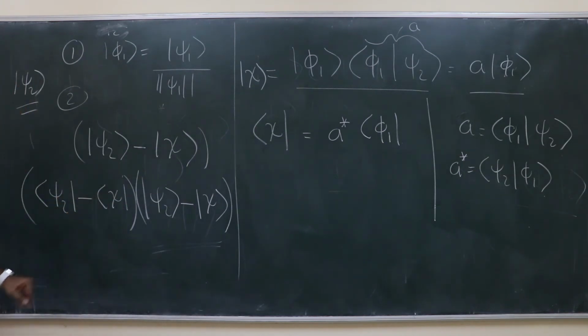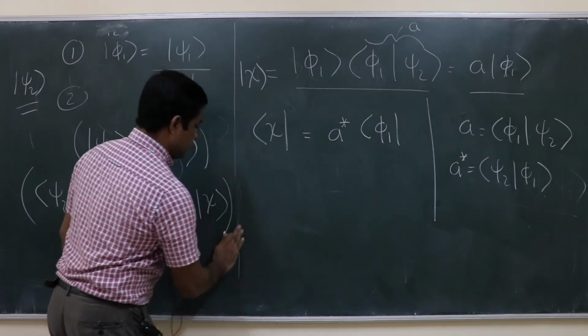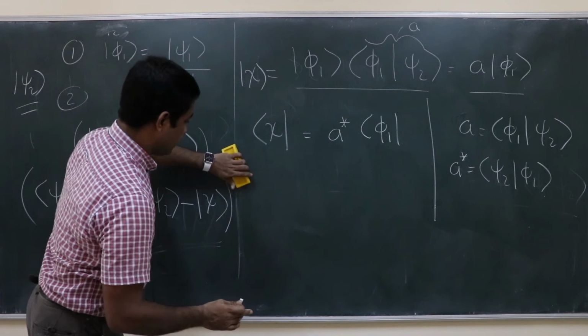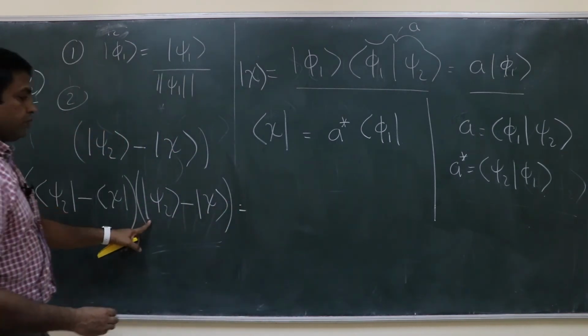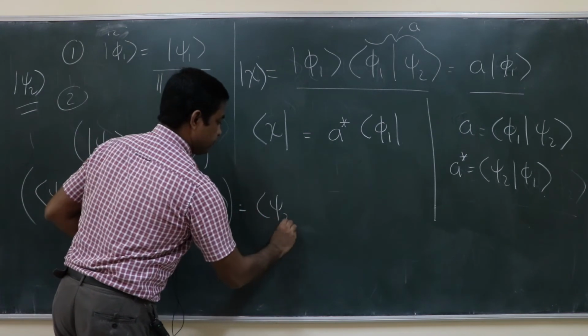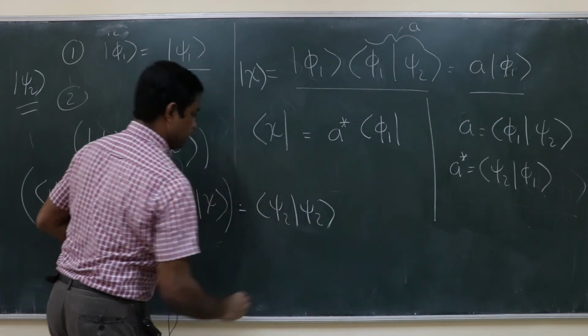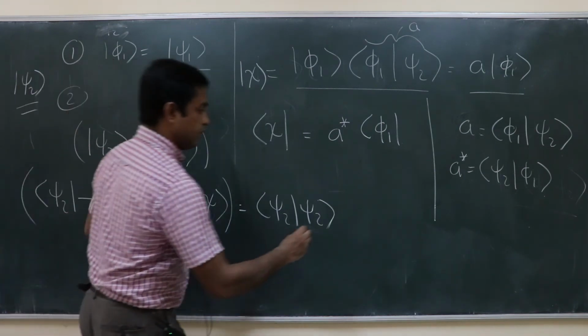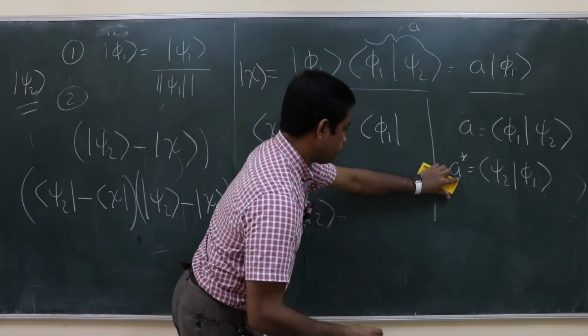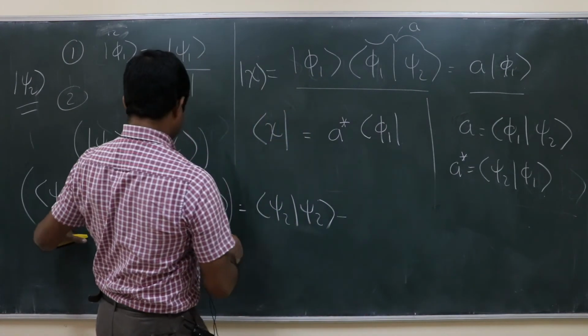So this one, when I take the inner product, what are the terms I am going to get? So first term is bra psi 2 ket psi 2. Next is bra psi 2 ket chi with a minus sign.